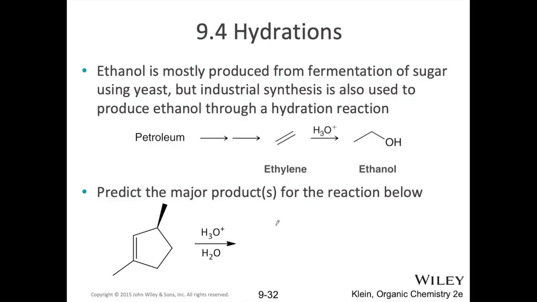Okay, so your products are going to look like this. So you have your methyl group here, sorry. It's drawn kind of lousily.